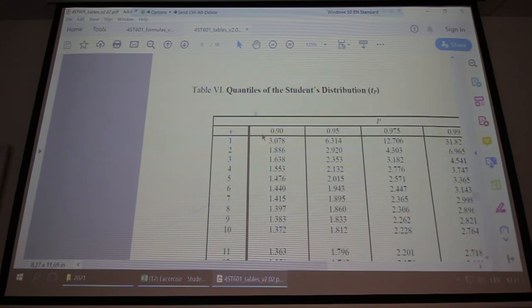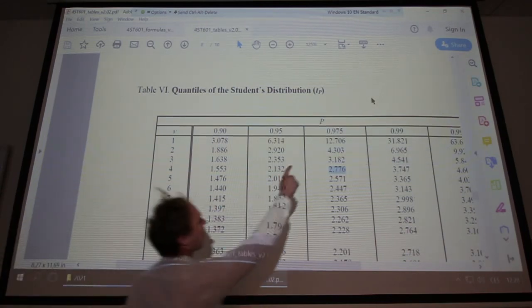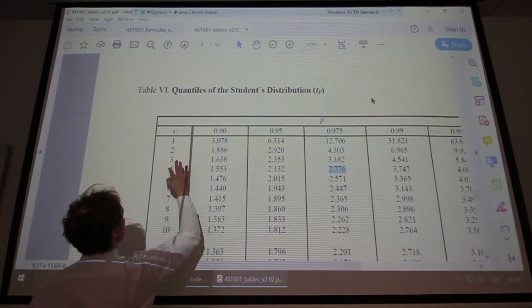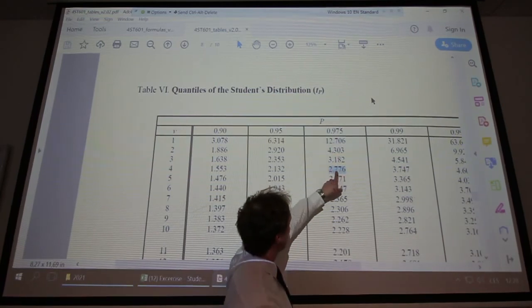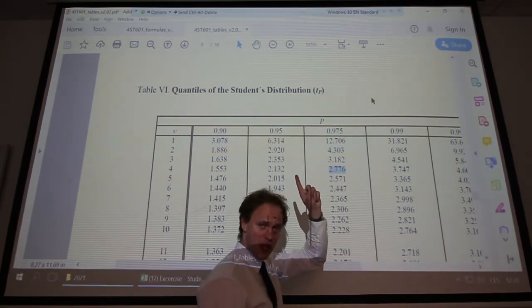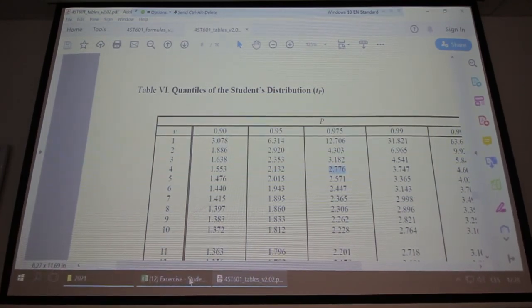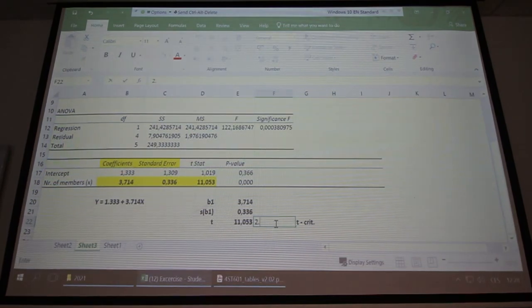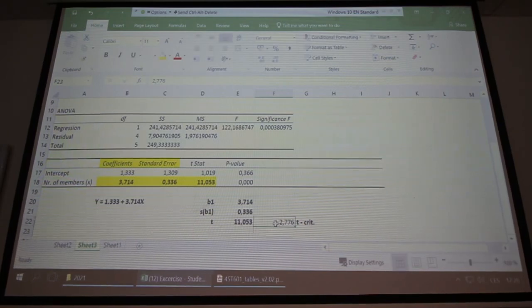I must scroll up here. T distribution, p value 0.975, and this is 4 degrees of freedom. So 6 minus 2 is equal to 4 degrees of freedom. The value here, 2.776, is the critical value. I will write it here: 2.776.